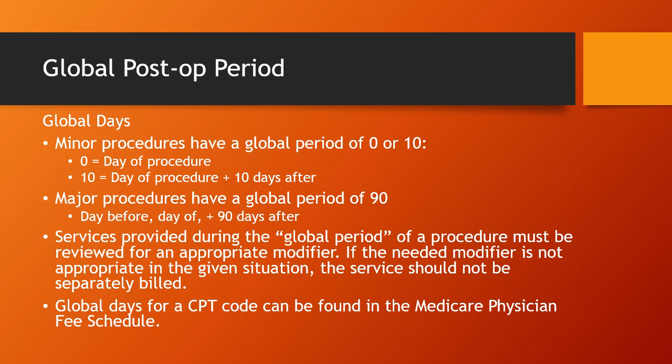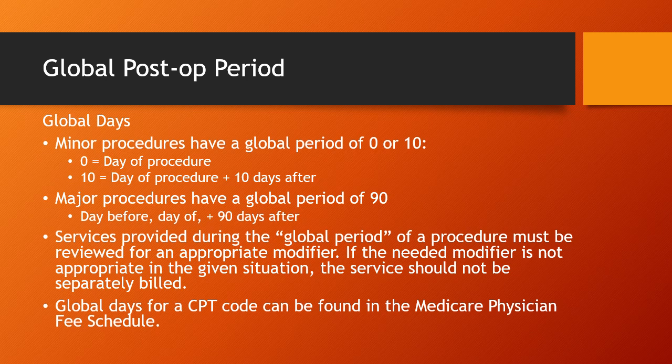A procedure that has 10 global days is the day of the procedure, remember that one's day 0, plus 10 days after the procedure is the global period. Major procedures have a global period of 90, and that's going to include the day before, the day of, and 90 days after the procedure takes place.